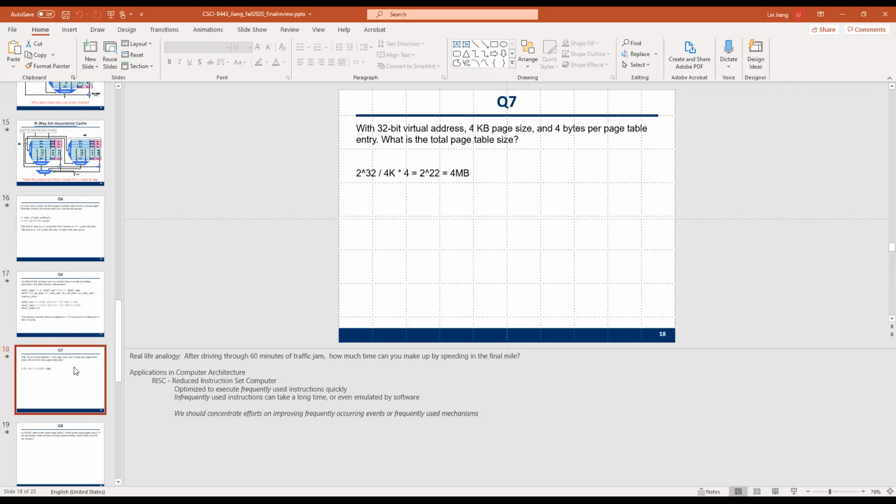Make sure you understand the 5-stage pipeline, DRAM, and cache. Yes, 2 or 3 questions are not from the review, that's right, but they are still on the topics of 5-stage pipeline, DRAM, and cache.